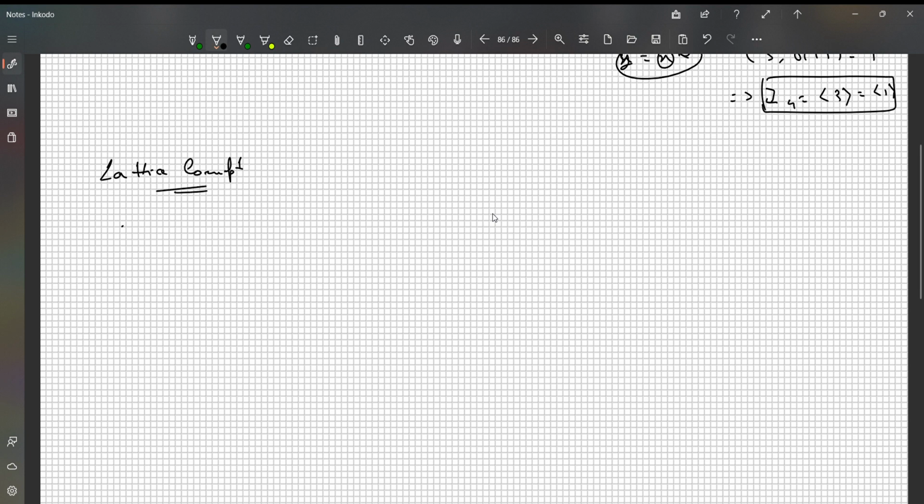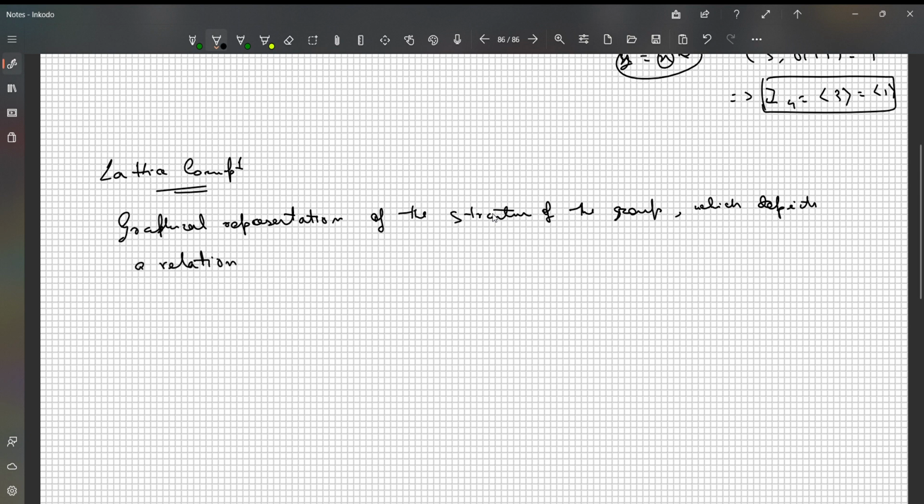So what is basically the lattice concept? It's the graphical representation of the structure of the group, which depicts a relation between the subgroups.